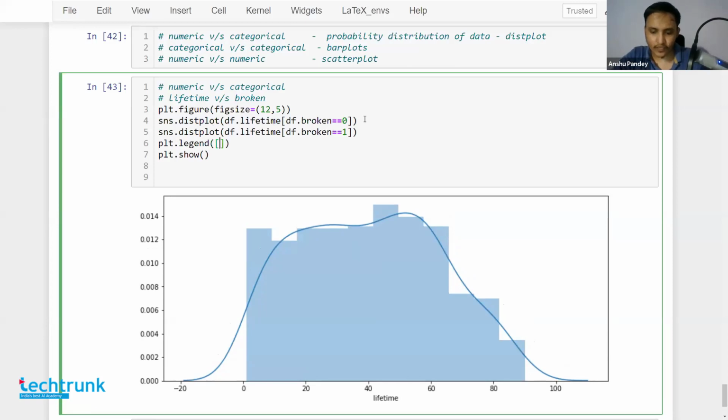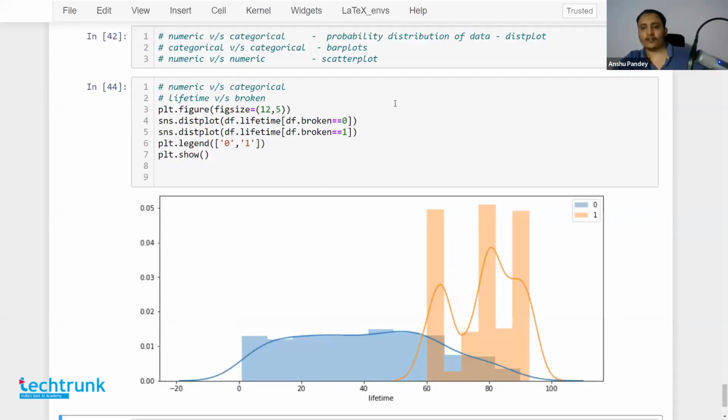Let's put a legend so that we can see what values each graph represents. So we now have two distribution plots, everyone: the red distribution and the blue distribution, or you can call it orange and blue.